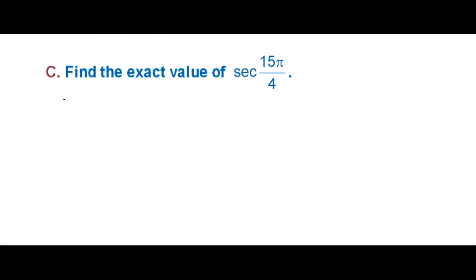So now we're looking at finding the exact value for secant of 15 pi over 4. And of course, pi over 4 is what splits the axes in half.